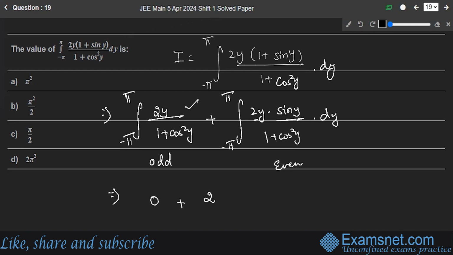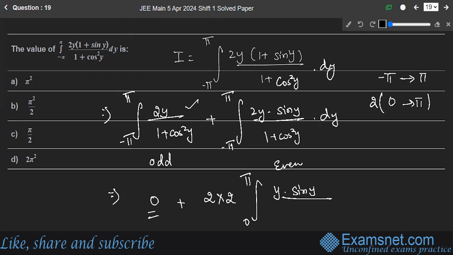At the same time, this is an even function, so this can be written as 2 into 2, limits will change to 0 to pi, because minus pi to pi I can write as twice of 0 to pi, because this is an even function. For the odd functions, it will be 0. This 2 I have taken outside. Here will be y into sine y upon 1 plus cos square y dy.